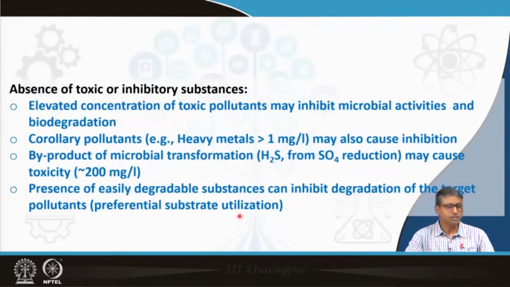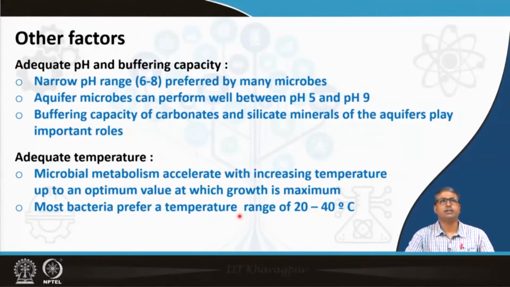Now, another very important aspect is the presence of the optimum pH and also the buffering capacity of the contaminated environment where the biodegradation process is expected for environmental biotechnology purposes. A narrow pH range of 6 to 8 is preferred by many microbes, and in a contaminated aquifer, for example, the microbes can still perform well between pH 5 and pH 9.